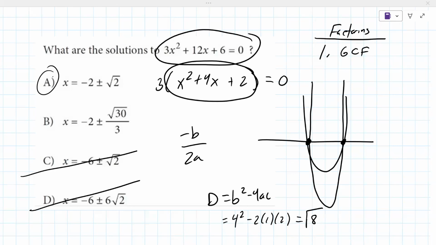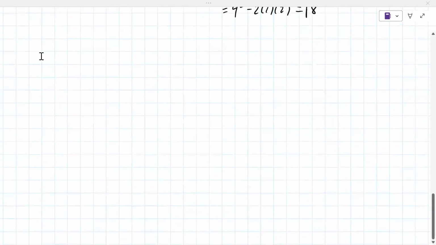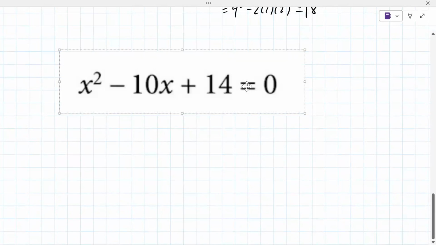So let's have you do one without the multiple choice here, just to see where you're at. This one I do want you to work out directly, and then we'll look at the question. So go ahead and work this out using the quadratic formula, and then we'll look at the question that goes along with it.